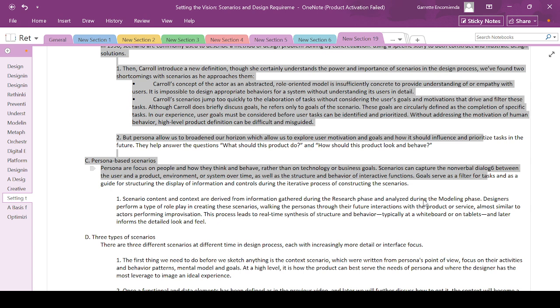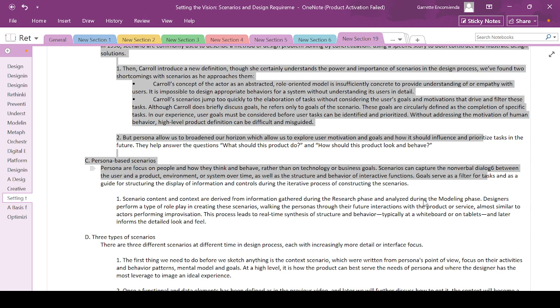Or if the current system is better, maybe there is some problem that could help the user better achieve their goals. Because remember, the user will achieve their goal without us if they can. So they help answer the questions: what should this product do, and how should this product look and behave?